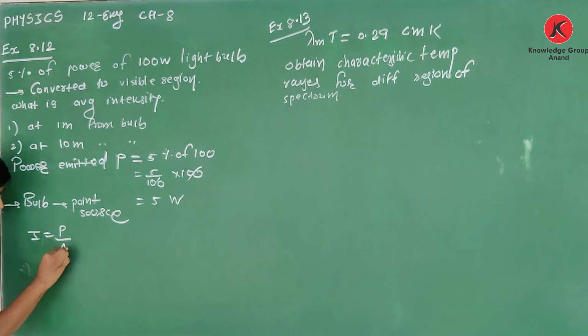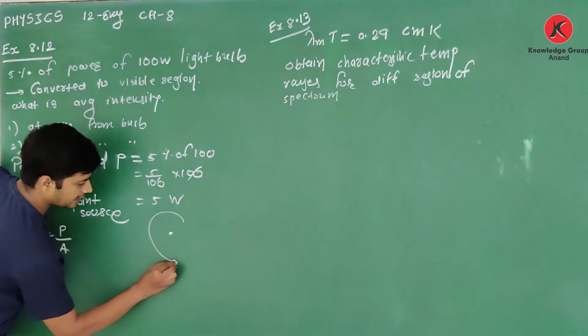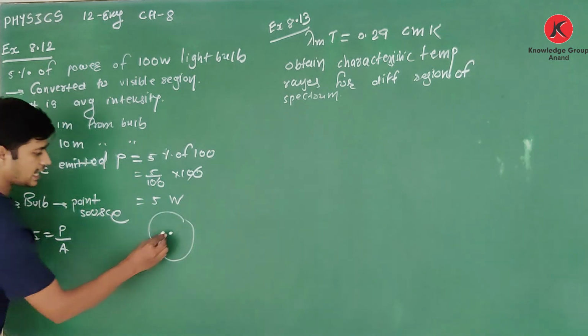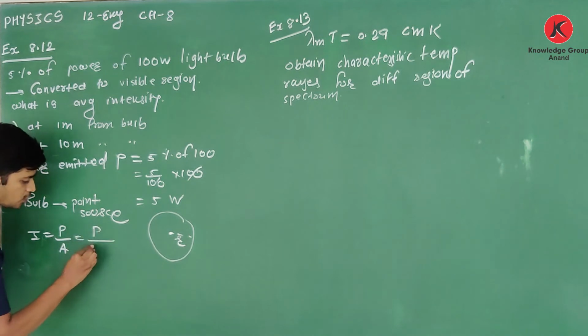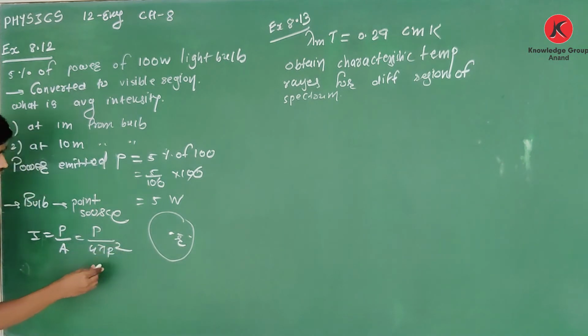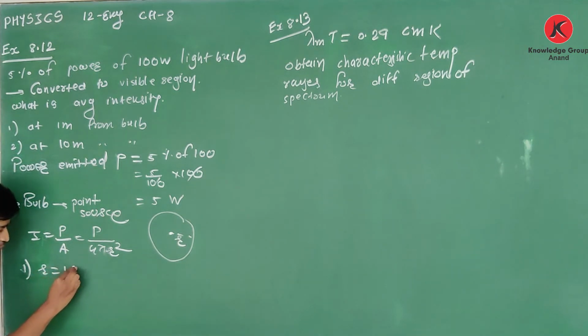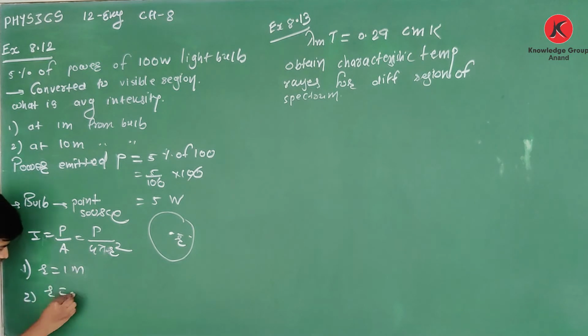I is equal to P upon A. If it is a point source, then I can assume one surface like this at distance R. So it is P upon area, which is 4 pi R square. In the first question you have to take R is equal to 1 meter. In the second case you have to take R is equal to 10. Clear? So it is a very easy question.